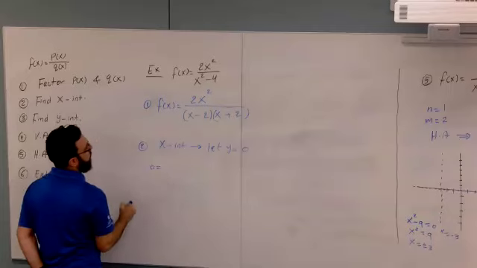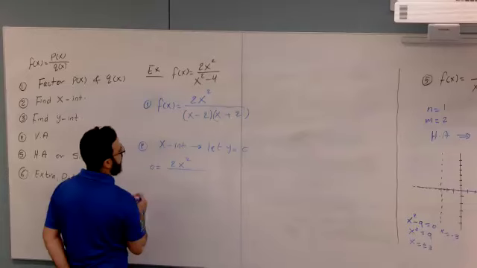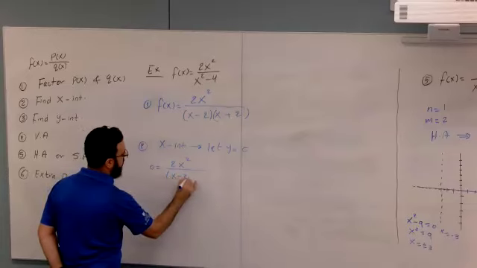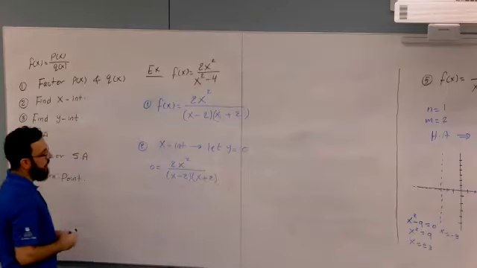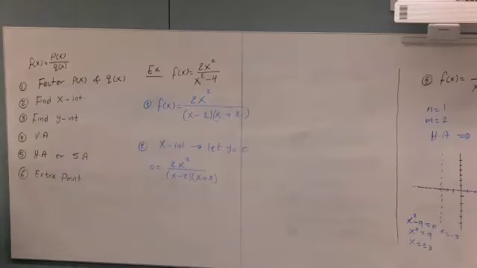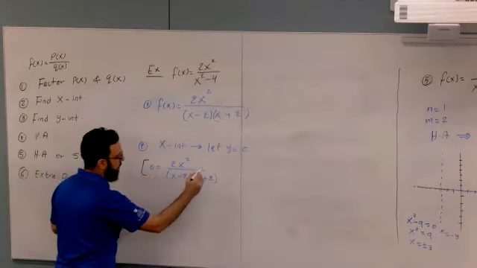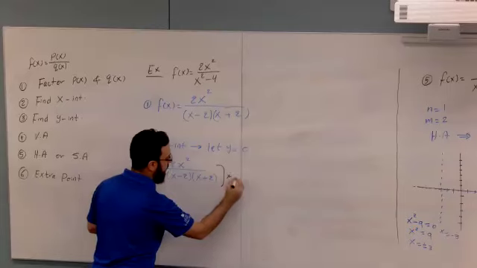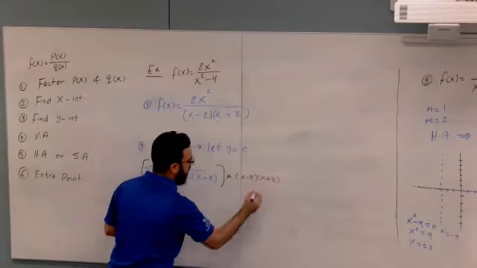So 0 is going to be equal to 2x squared over x minus 2, x plus 2. Now, how are we going to solve this one? Multiply both sides by the bottom. Perfect. Multiply both sides by x minus 2 and x plus 2.